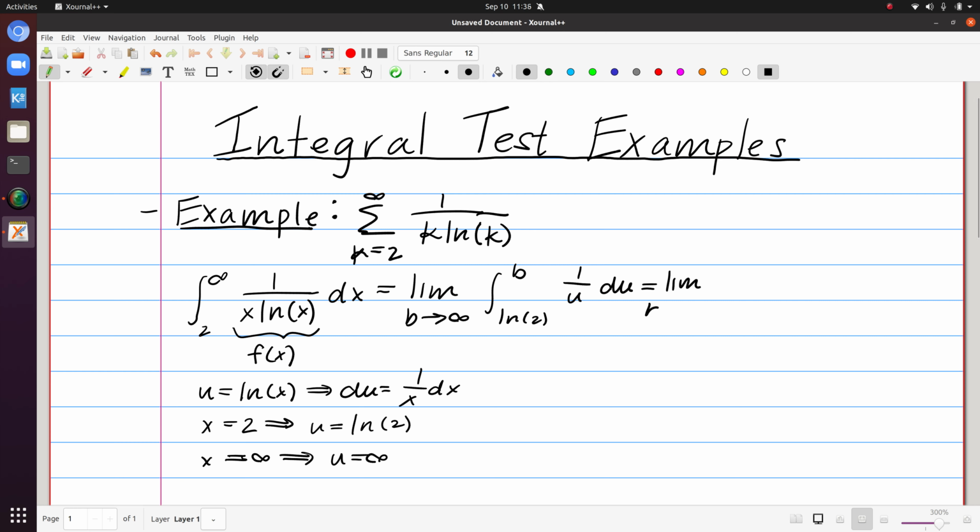So this now becomes the limit as b approaches infinity of the natural log of the absolute value of u, evaluated from natural log of 2 to b. So what we're left with is the limit as b approaches infinity of the natural log of b minus the natural log of 2.